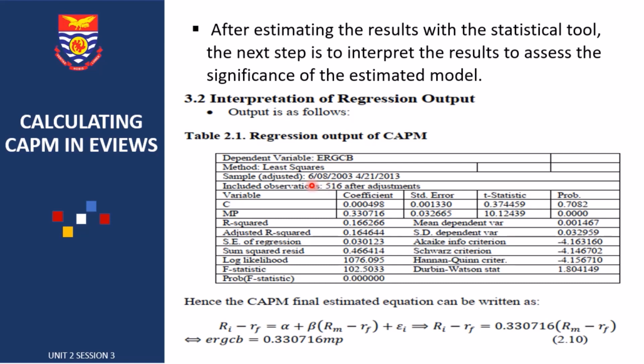So we could see that we have the variables, we have the coefficient, we have the standard error, we have the t statistic, we have the probability value. The coefficient simply has to do with the result, that is the beta result, and the standard error we've already discussed: in our models we want the standard error to be as small as possible.